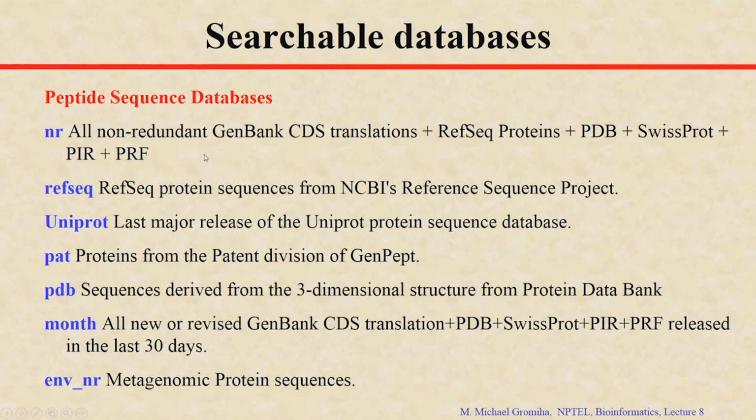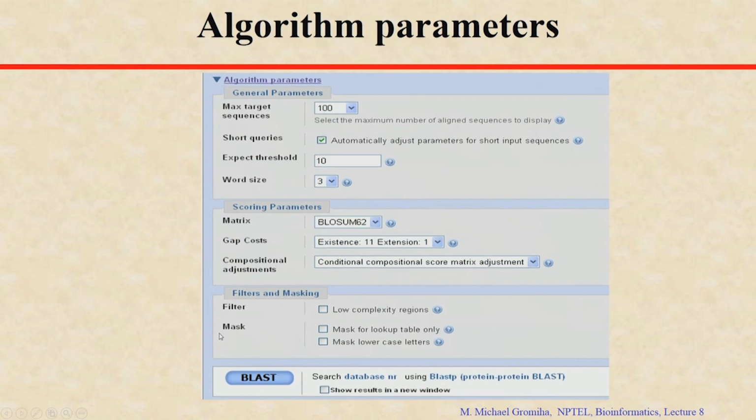The widely used one is the non-redundant dataset, whether the RefSeq proteins or the PDB or UniProt and so on, or you can use NCBI's reference sequence project, or the latest UniProt release or any data in the UniProt database. Likewise, we can give different databases like PDB or any specific latest data from a given month and so on.